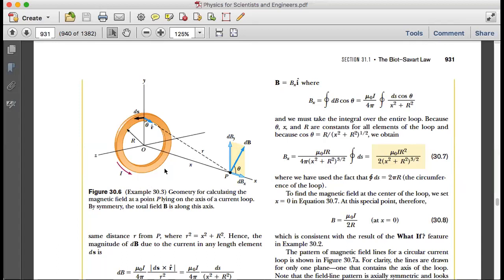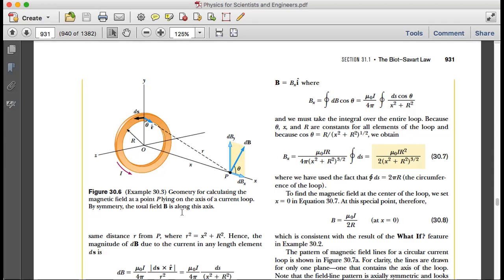Calculate the magnetic field on the x-axis, at point P, where the distance between the origin, the center of the ring, and P is x, for example.